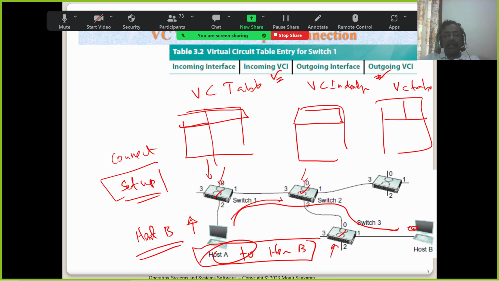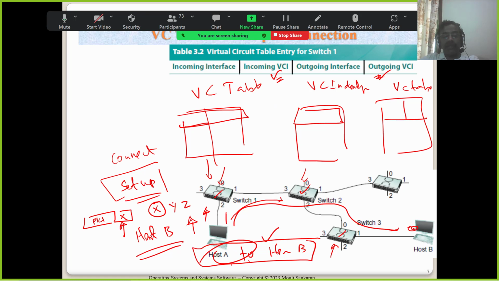Initially, when host A is sending, it is setting up the connection. It will send some number, let me call it x. It will say that I am going to send you a packet with the number x for a connection from host A to host B. For this connection I am going to use this particular incoming VCI.